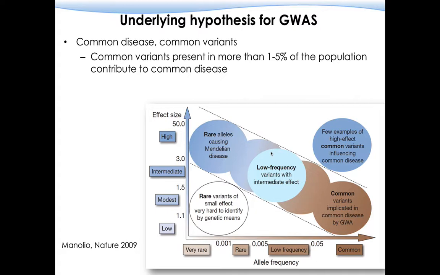But these variants either do not exist, or they impact a phenotype that is not very important for the survival of the population, like our skin color, eye color, or hair color. Those could be very common and at the same time have a large effect size.